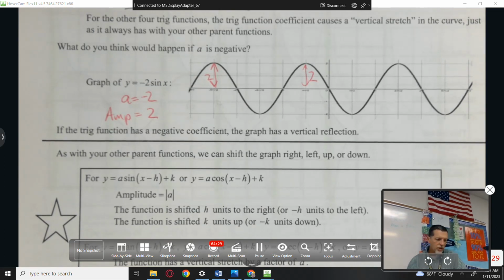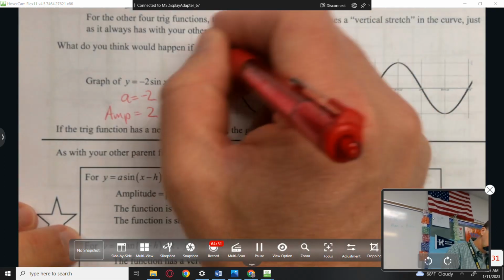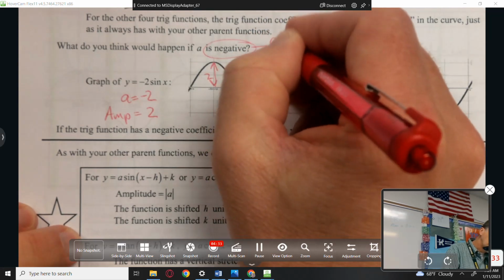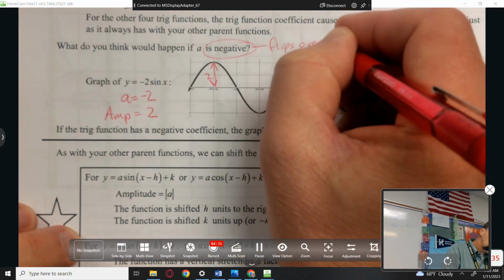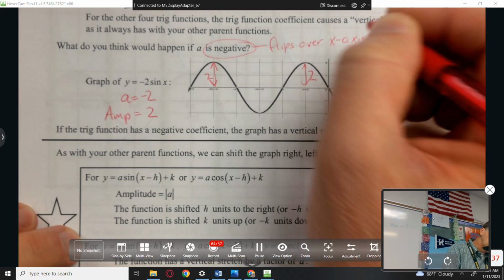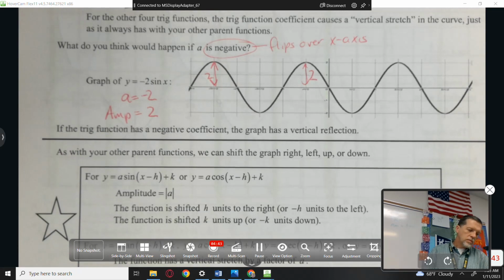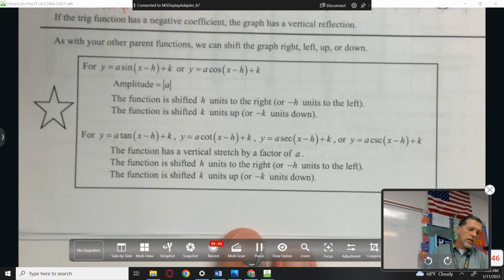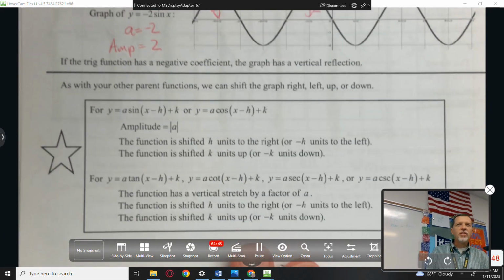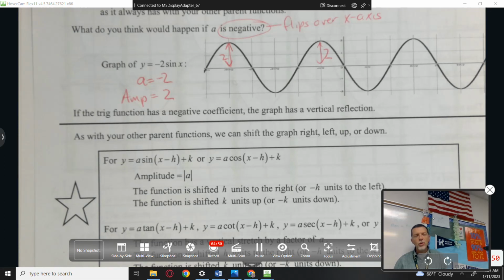Negative flips it over, like always. Flips it over the x-axis, or flips it in the y direction. Maybe a better way to say it. Again, these are transformations that you're kind of going quick, but you know the transformations. Now we're trying to apply them to the new graphs that we learned yesterday.